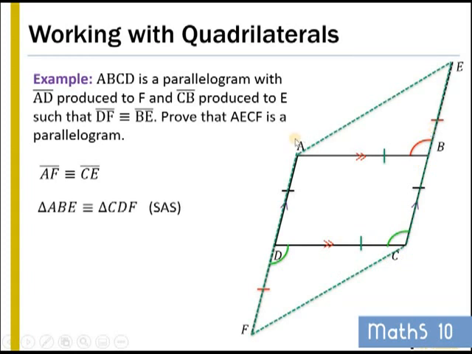So that means that triangle ABE is congruent to triangle CDF by side, angle, side. So that means that the length AE, this length here, is equal to the length CF, this length here. So therefore, AECF has opposite sides congruent, so it must be a parallelogram.